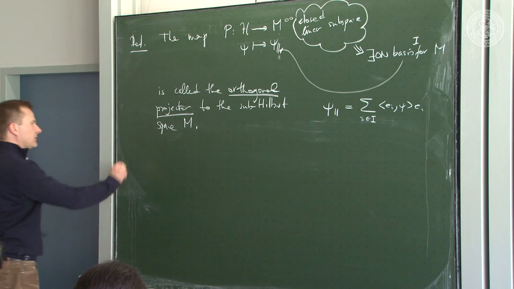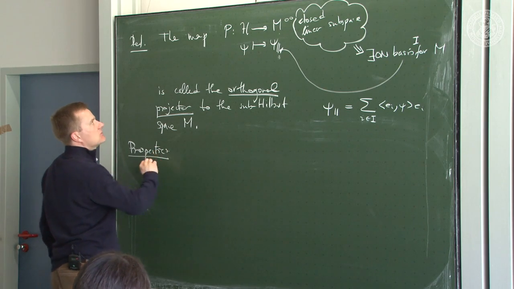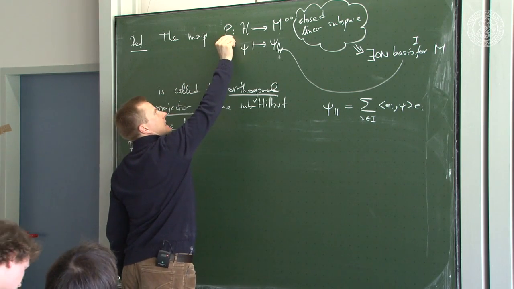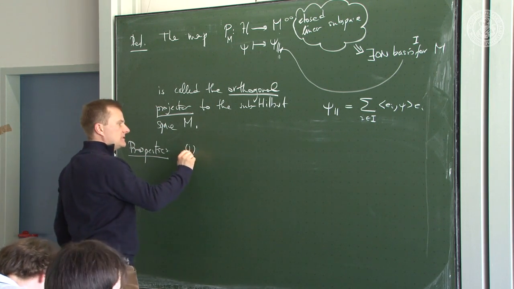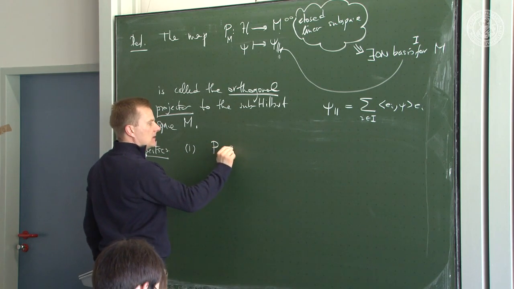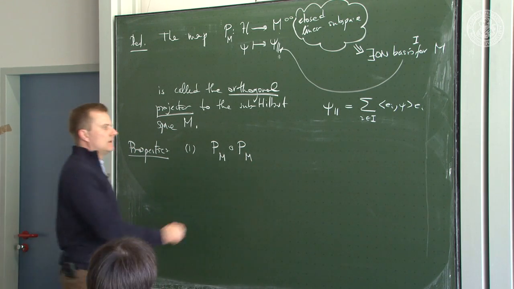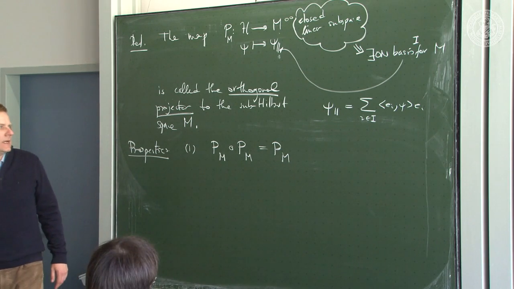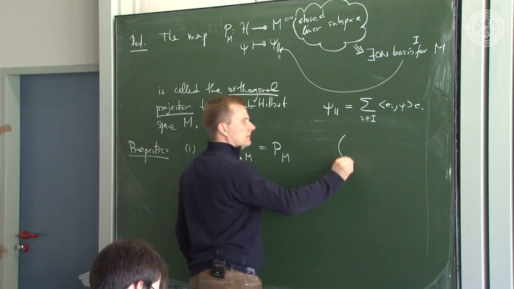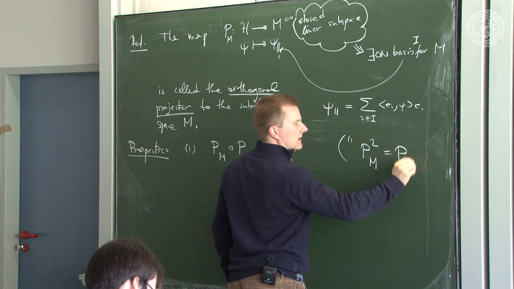It has the following properties. And let's call this map P down M, because it obviously depends on the choice of M. The first property is that if you take Pm and you execute it after itself again, you still obtain the same map. And sometimes this is written Pm squared is Pm.